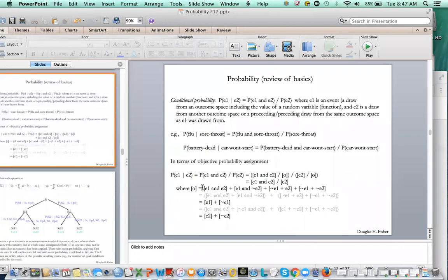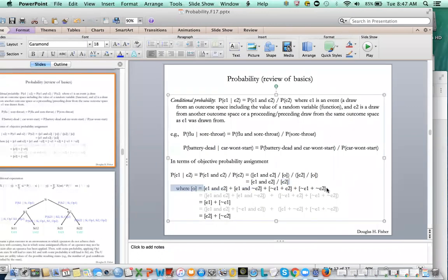We can use this additivity rule. Here are frequencies, not probabilities per se, but here I'm just defining the total number of observations as the total number of outcomes in instances in which both E1 and E2 are true, plus the total number of observations in which E1 and not E2 are true, and you can just continue with that.